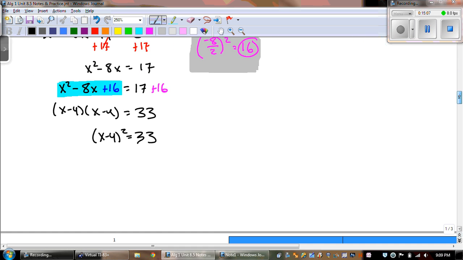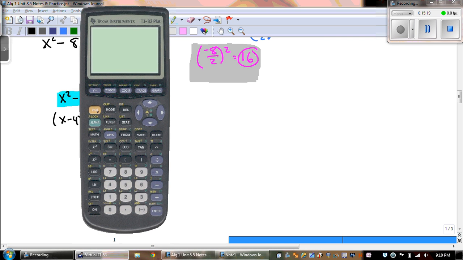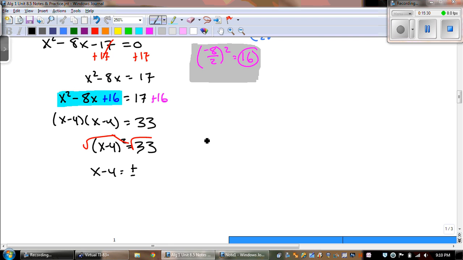Okay, now we can solve by square rooting both sides. We get x minus 4 equals plus or minus the square root of 33, which is 5.74.